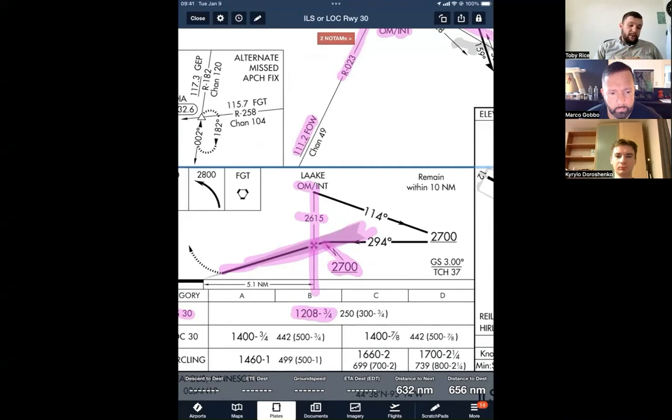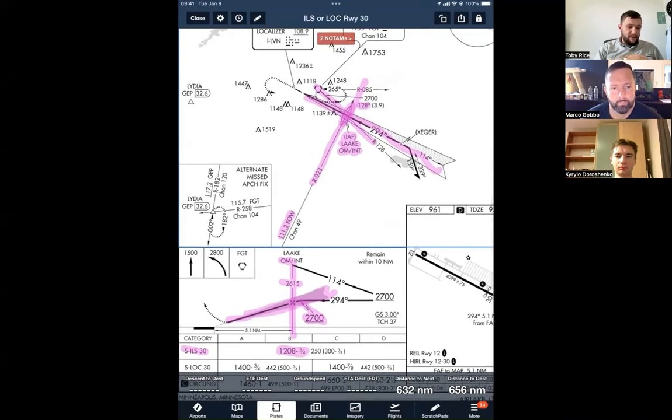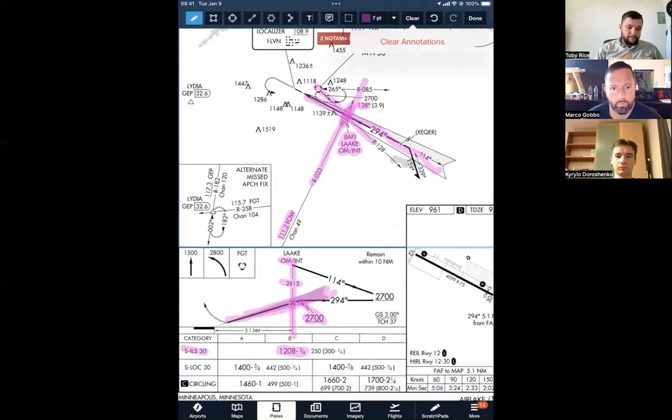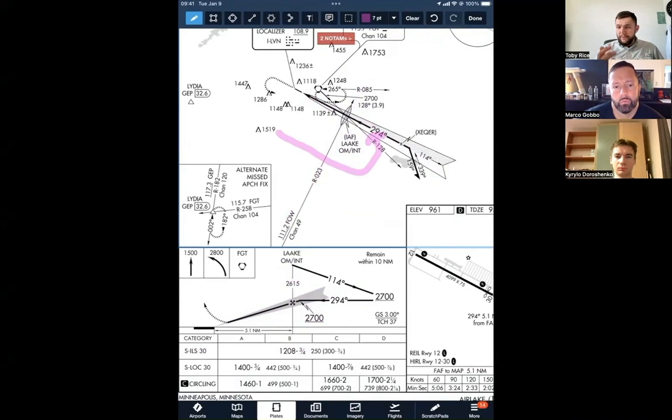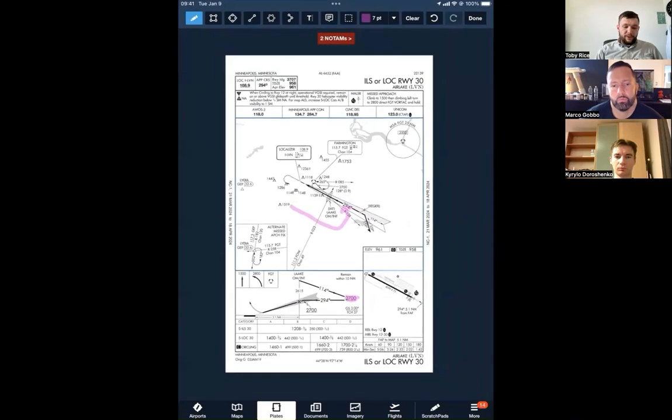Now, if I was to simply fly this procedure like an ILS, I get vectors around, and air traffic control were to vector me around here and then this way and then this way. And air traffic control said, November 1234, you're 3 miles from LAKE, fly heading 300, maintain 2,700 until established on the localizer, cleared ILS runway 30 approach.